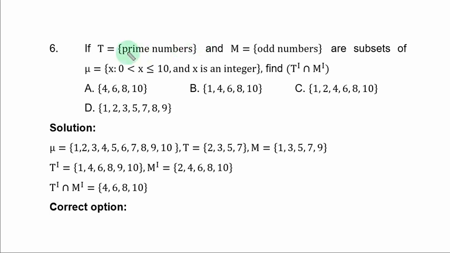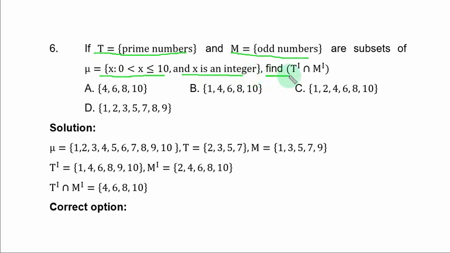Question 6. The set T is a set of prime numbers. The set M is the set of odd numbers. They are all subsets of the universal set, such that S lies between 0 less than or equal to S less than or equal to 10, and S is an integer.